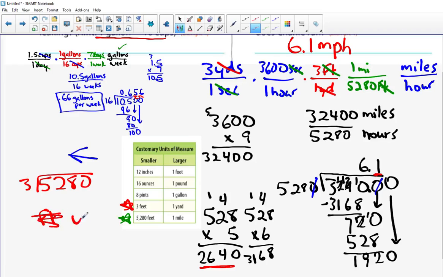No, not feet, but yards per mile, right? But if we look, we still had that 3 in the 5280. We're still doing this division. It's just the order in which we did it gets mixed around a little bit. Okay? So we're still doing the same math. No matter how you work this out, you'll get to it the same way.